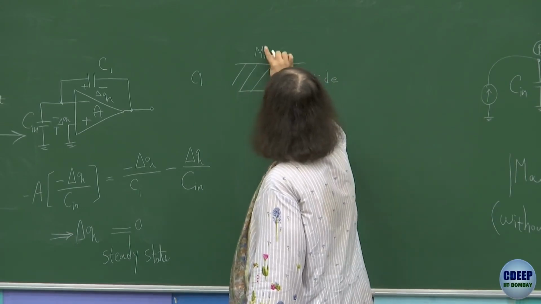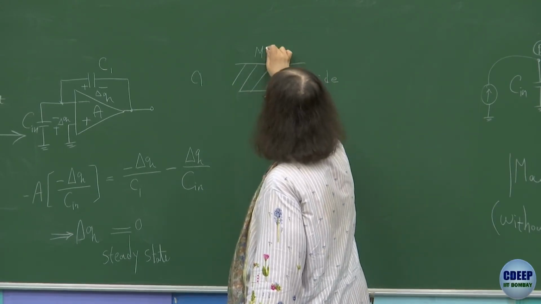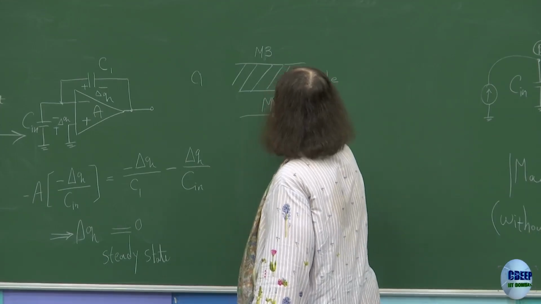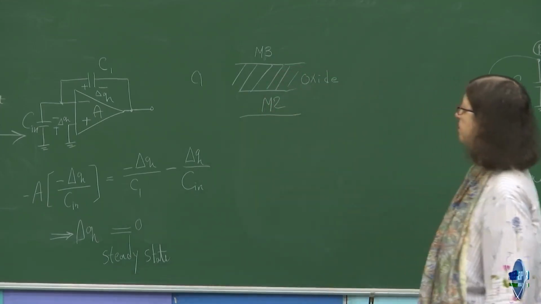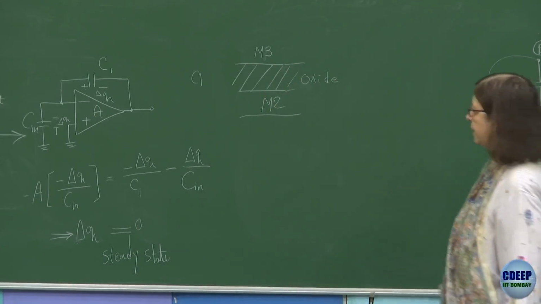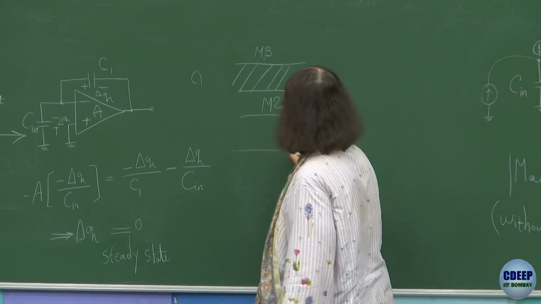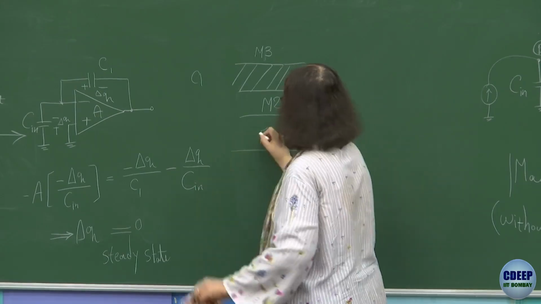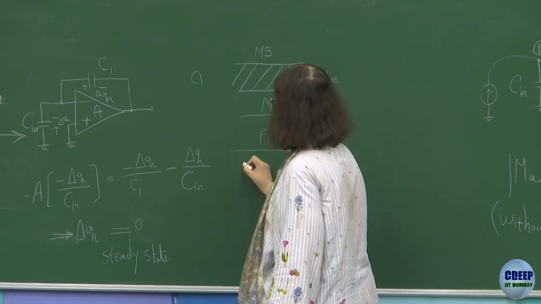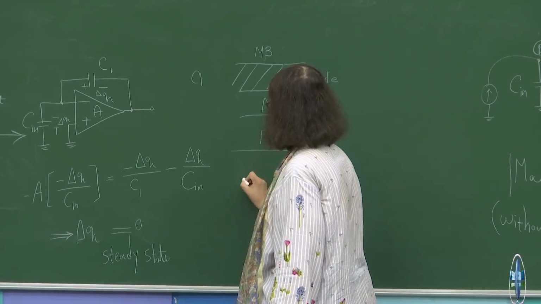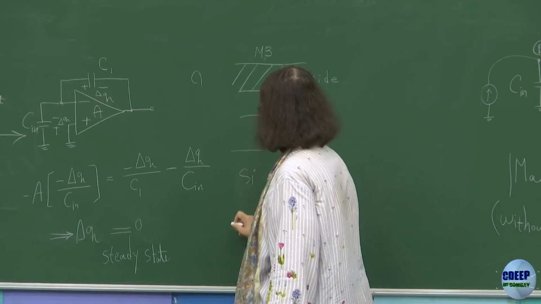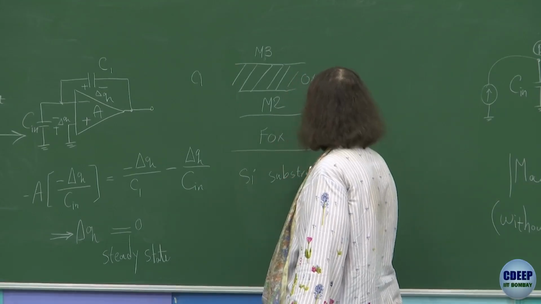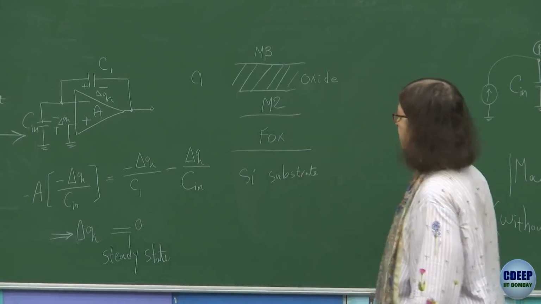And this is, sorry, not metal 1. Say for example metal 3. And this is metal 2. Fine. And then below that we have again some oxide or field oxide. And then here we have the silicon substrate, say, or a well. So this is actually the structure of C1.